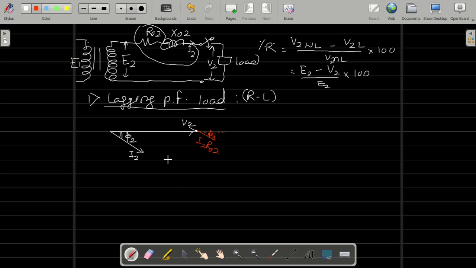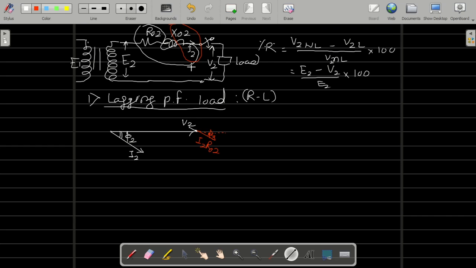Now I2X02: whenever this current I2 flows through the inductive reactance, the voltage drop I2X02 is there, and we know in a purely inductive circuit this voltage leads the current, because it is a voltage drop in a purely inductive circuit.